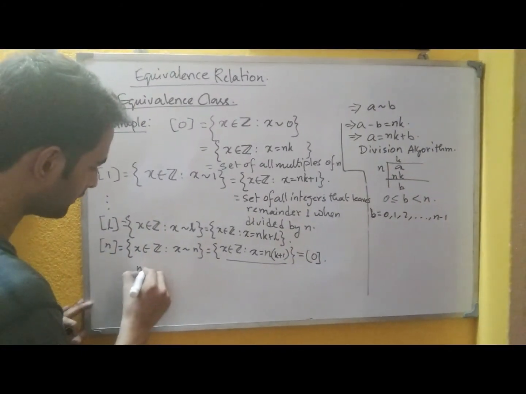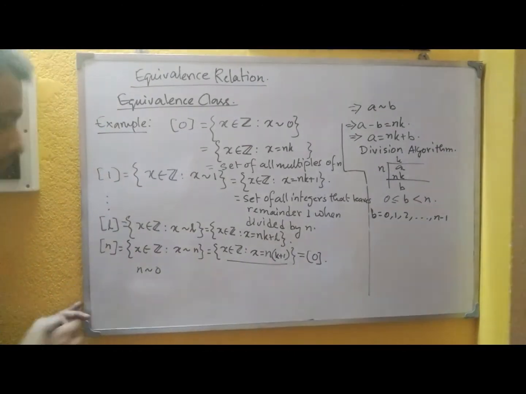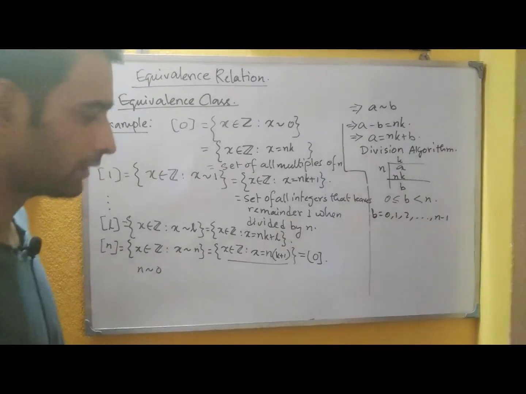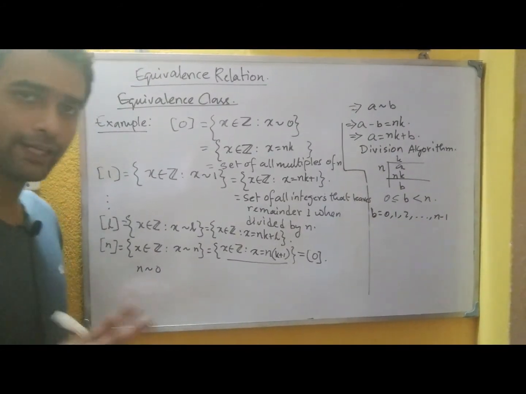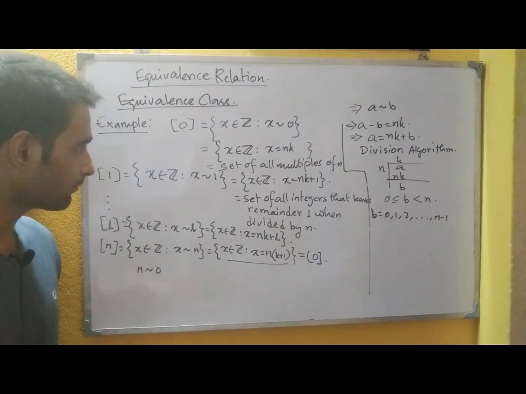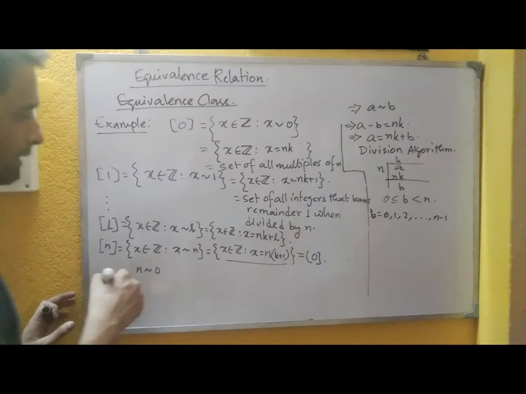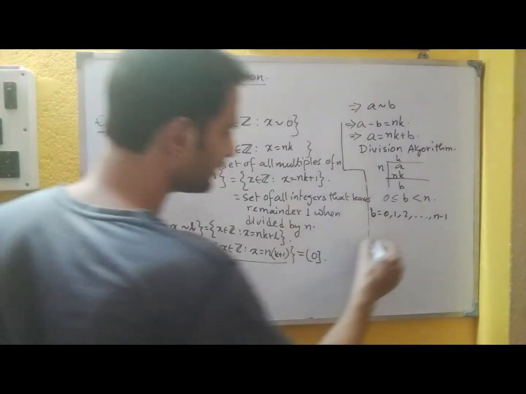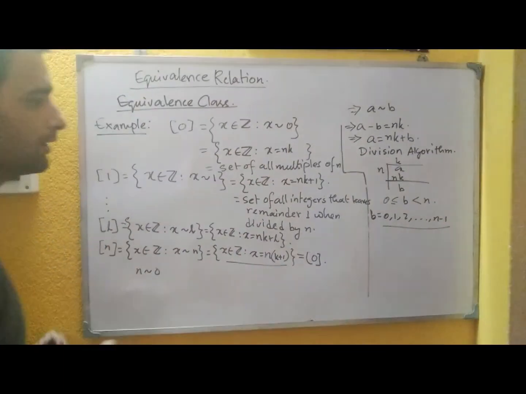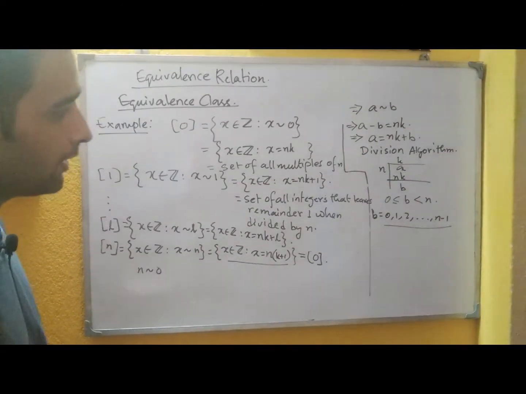Also you can see that n is related to 0 in this case. So previously by the properties of equivalence classes we have seen if two elements are related to each other, then their classes will be the same class. So from here we can say there are only n distinct classes, and these are the possibilities of the classes, that is 0 class, 1 class, 2 class up to n minus 1 class.